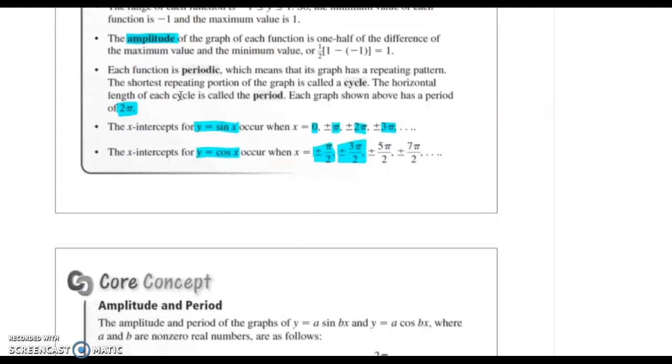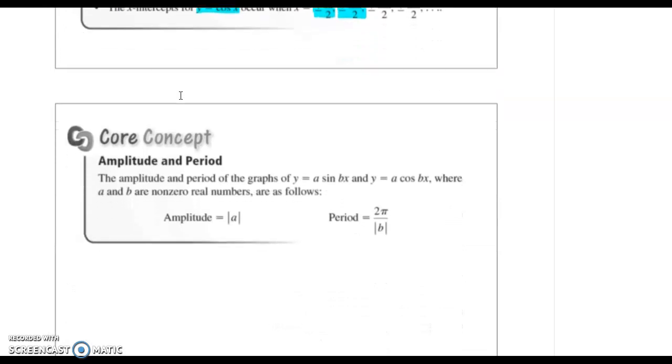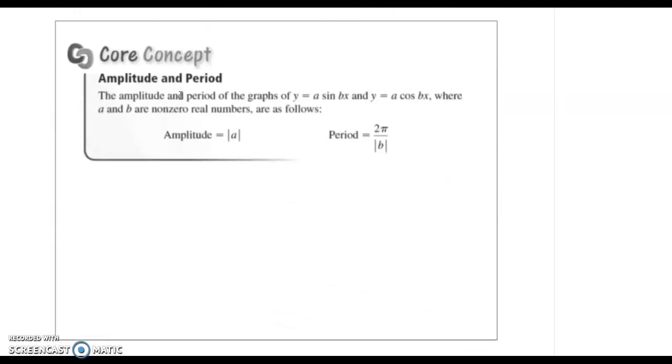So these are very much related to our unit circle, which is what we were trying to show you during our lab, where we used uncooked spaghetti to show the relation between the distance on the unit circle and these graphs. So how you find the amplitude is you take the absolute value of A, when we're in the form of A sine bx or A cosine bx.